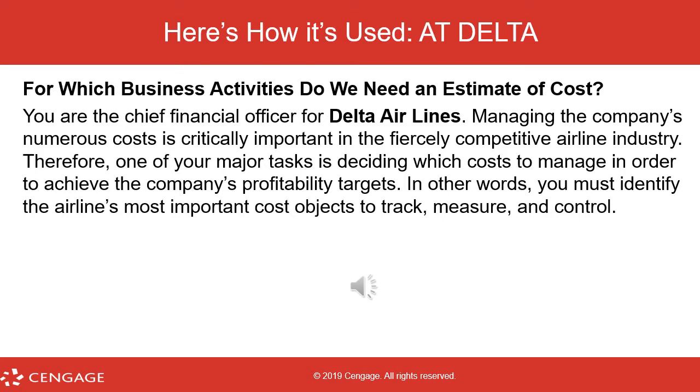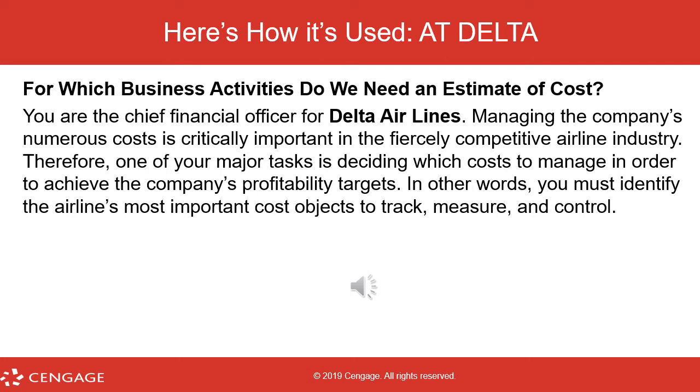For the business case on cost objects, we're looking at Delta Airlines, and this could be any major airline carrier out there. When you think about the major costs of their airline, you think about each flight they're going to fly. So maybe they have a specific route that they're going to look at, Newark to Miami nonstop.